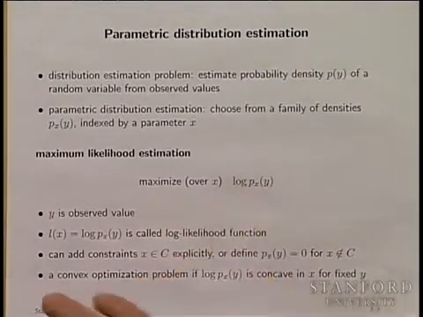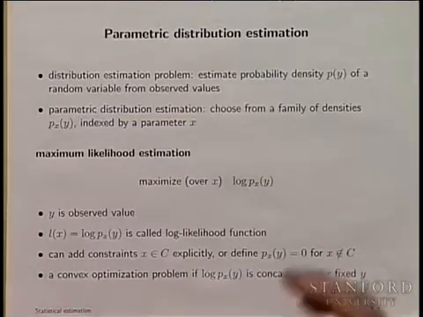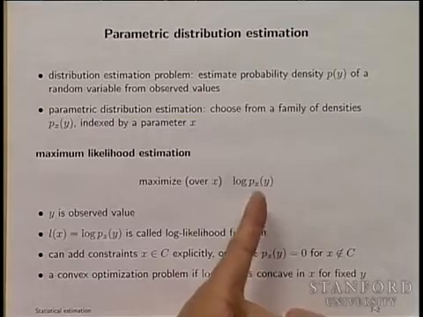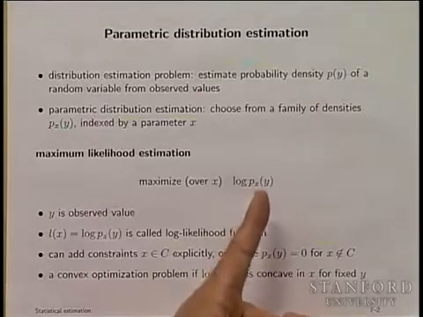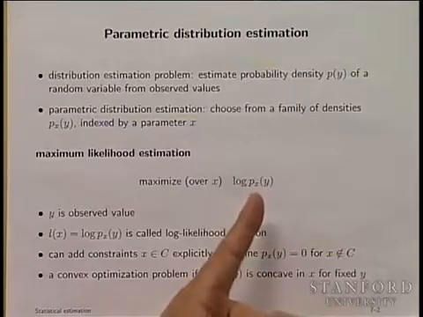We'll see why the log goes in there. It goes in there for many reasons. One is that if you have independent samples, this splits into a sum. The second is that many distributions are log concave, this time in the parameter. So far we've looked at distributions that are concave in the argument.